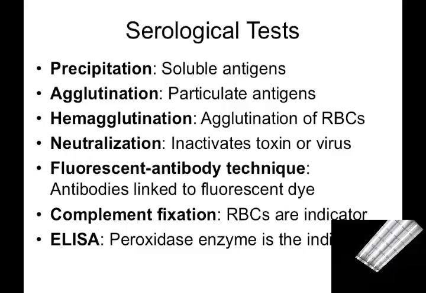Complement fixation. Remember that in complement fixation, much like in hemagglutination, we're using red blood cells, but instead of clumping them, we're looking for them exploding. Now, if we do the complement fixation and the result is that the red blood cells explode, what does that tell us? The patient had no antibodies, right?